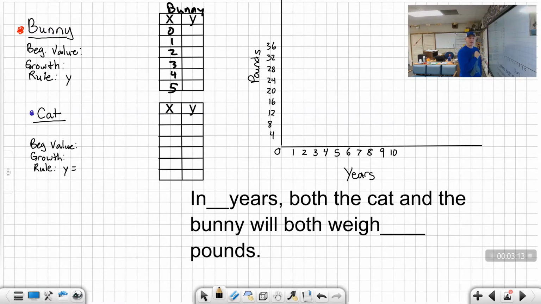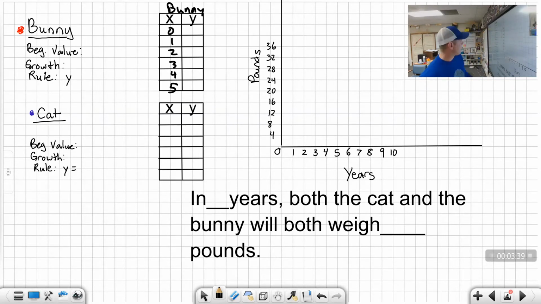Do that for the cat. Give me a graph. And then you are going to say, in blank years, both the cat and the bunny will both weigh blank pounds. You can write that on the graph, in the lower left-hand corner. I want you to pause the video and get the table and the graph done. Do that now. Ready, set, go.